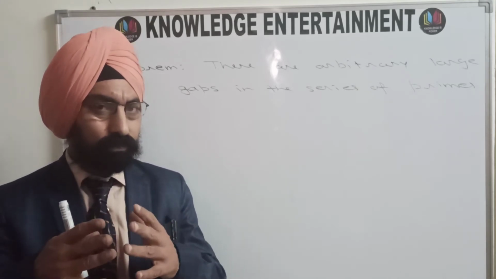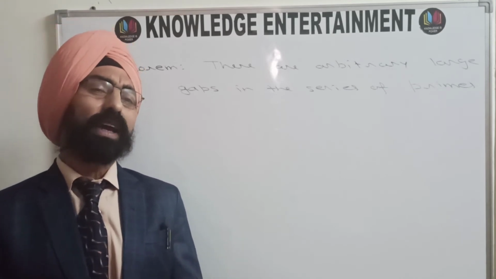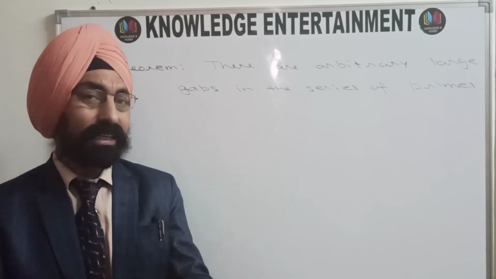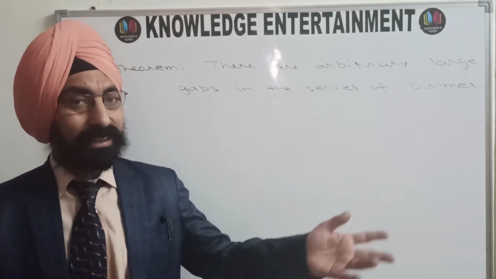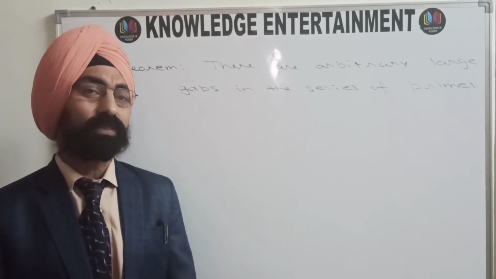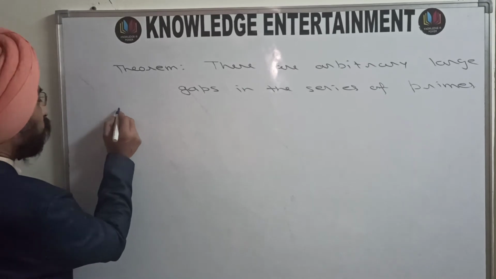So I am going to prove that whatever the value of n you take, you can find n consecutive composite numbers. So how to prove it? The proof is very easy.